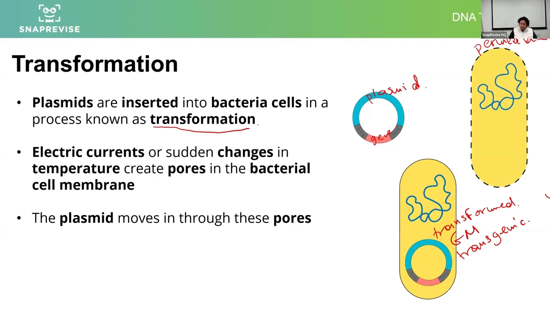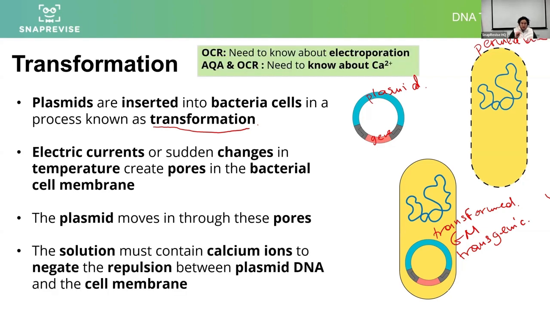And I can do this in a couple of different ways. And depending on the exam board, you're going to have to quote different ways. So one way is electroporation, which you need for AQA and OCR, which means that you literally apply a little electrical current onto the cell, which is not going to kill it, but it's going to create pores in the membrane.